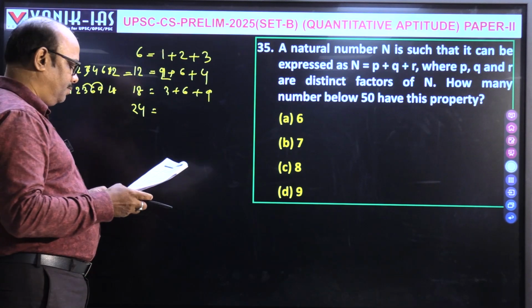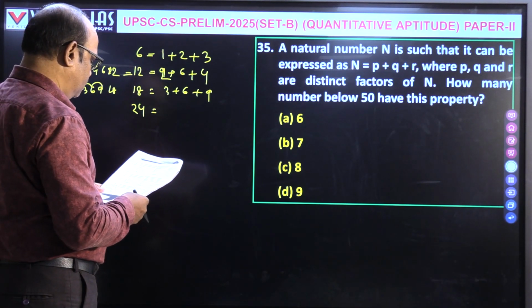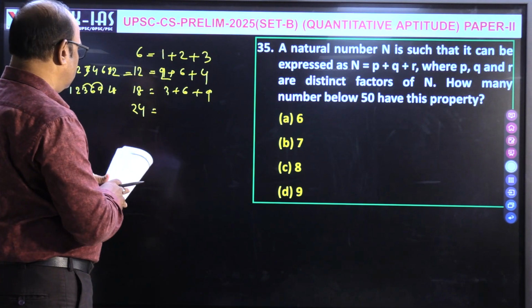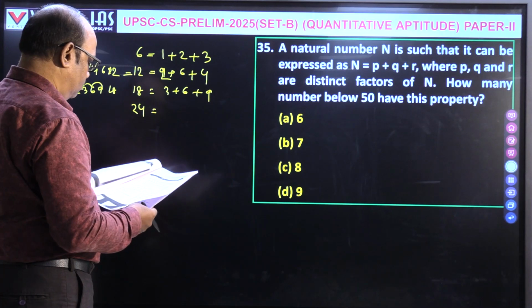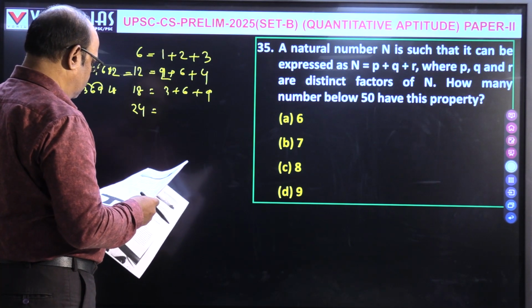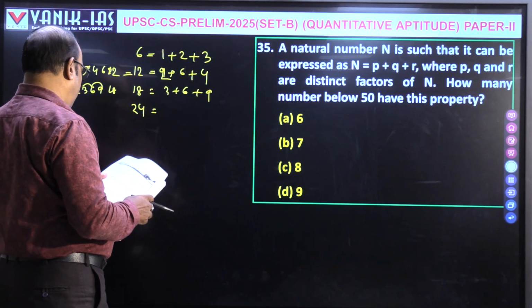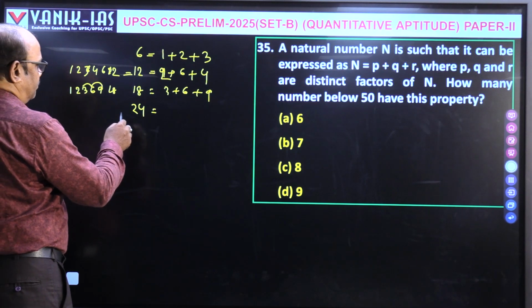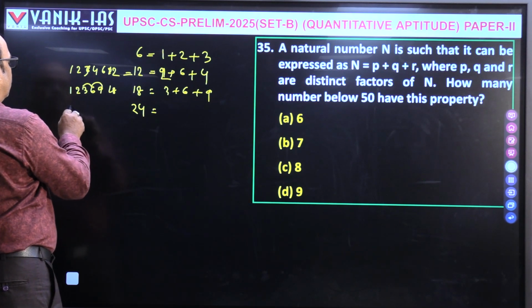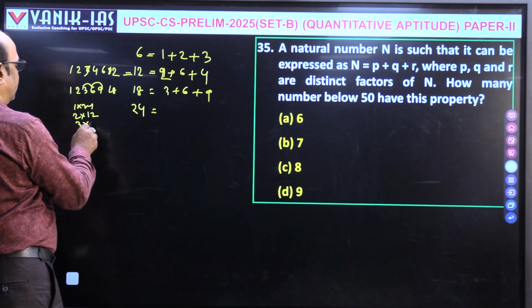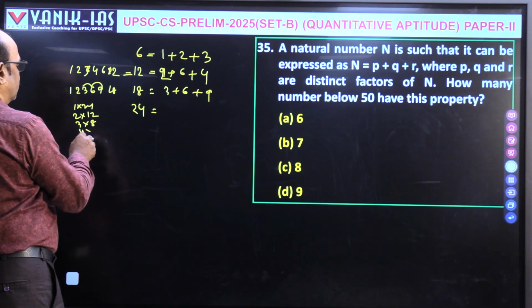The factors of 24 are 1 into 24, 2 into 12, 3 into 8, 4 into 6.